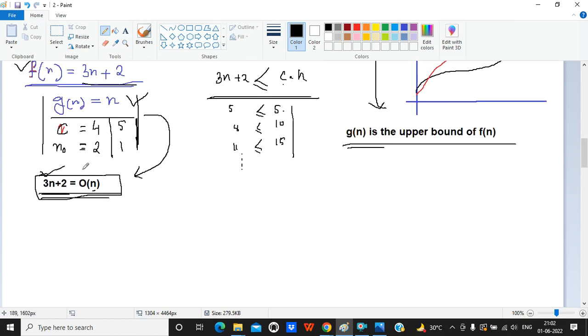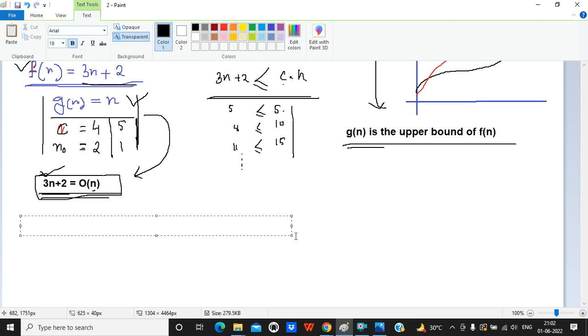Now see another example. Just you clear one thing, then the other things will also be cleared. Suppose there is another function.